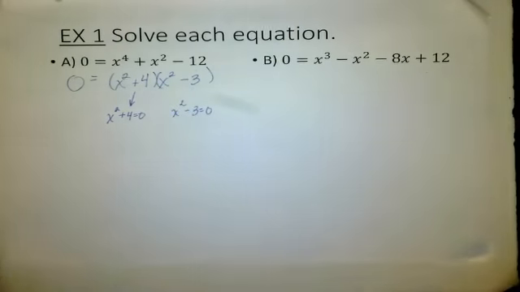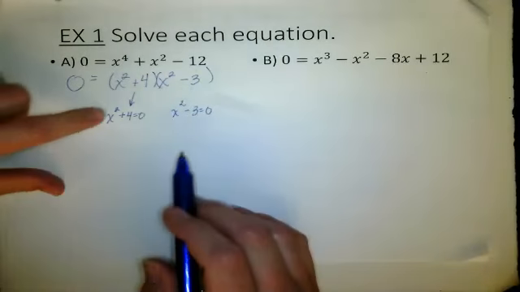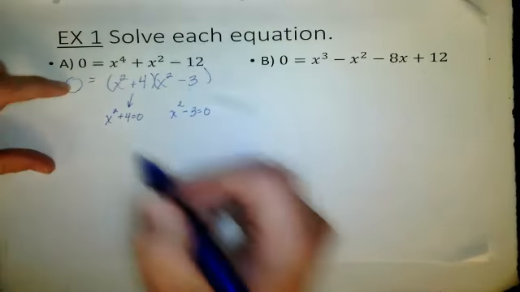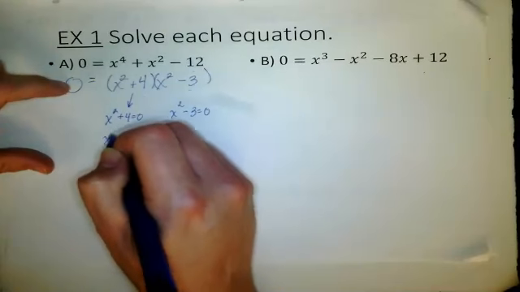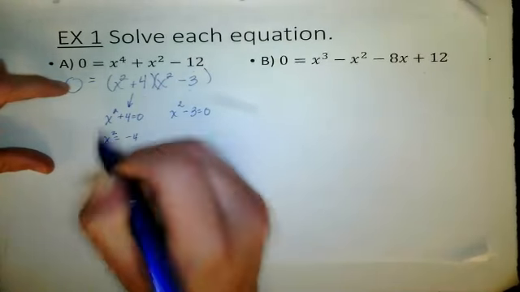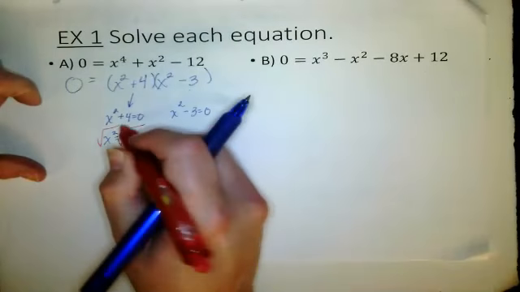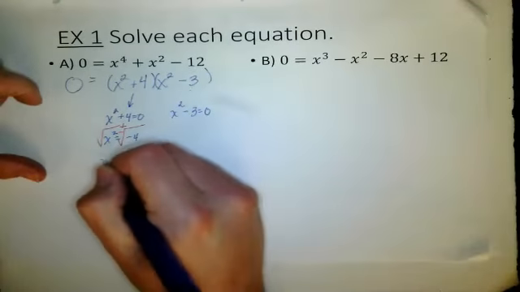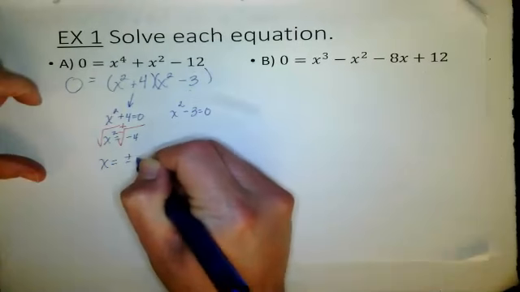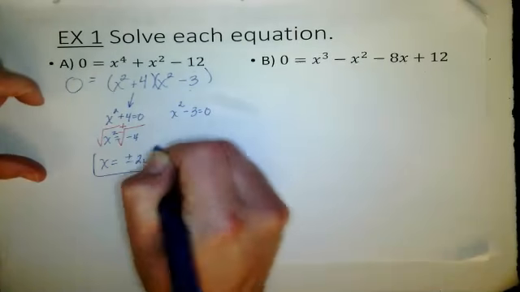So sometimes you want to factor further, but if we're just solving, then if we have x squared, we can solve that pretty easily. So I'm going to move the 4 over, so we get negative 4, and then do what? Square root, don't forget, plus or minus. So we have x equals plus or minus 2i, again, very good.